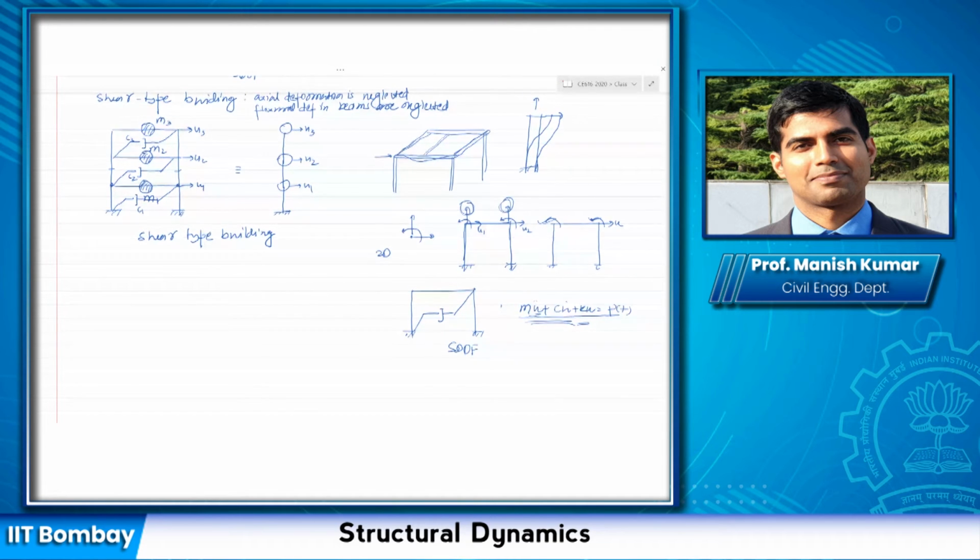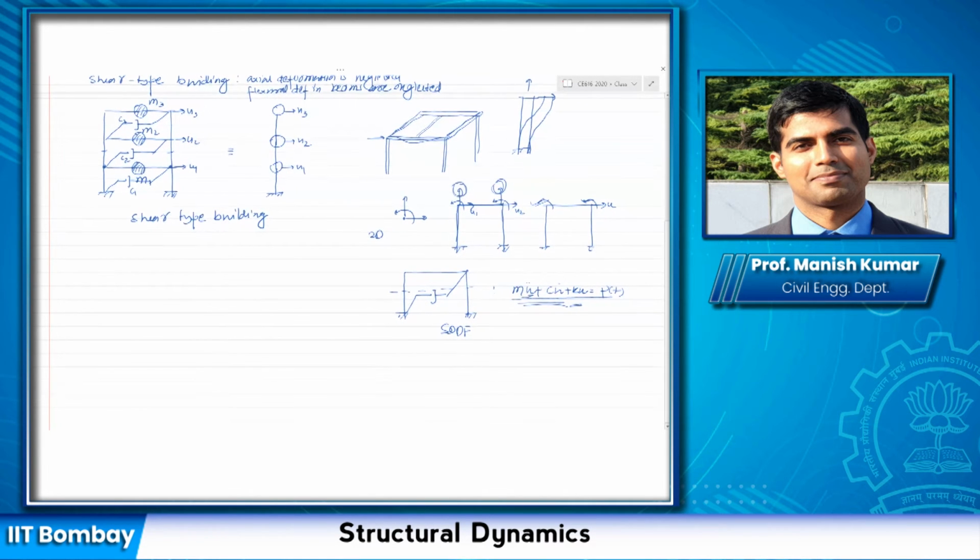Now, let us come back to the single degree of freedom system that we had done, and keep in mind that a multi-degree of freedom system is nothing but a combination of multiple single degree of freedom systems. Okay, so let us say this is 1, 2, 3, different levels.